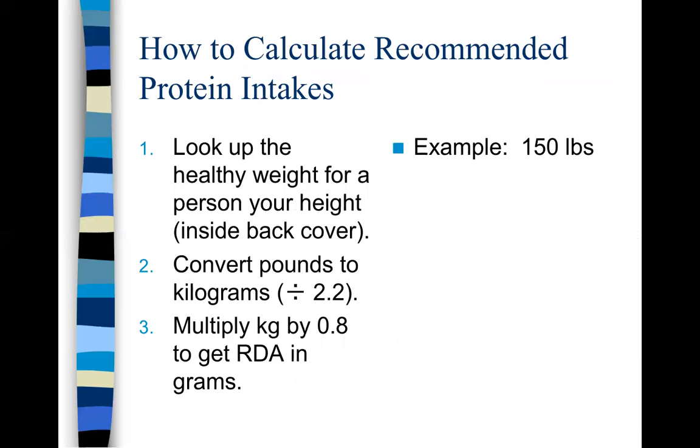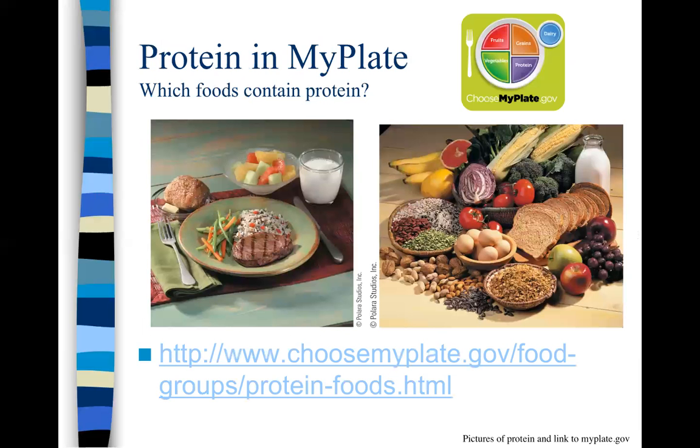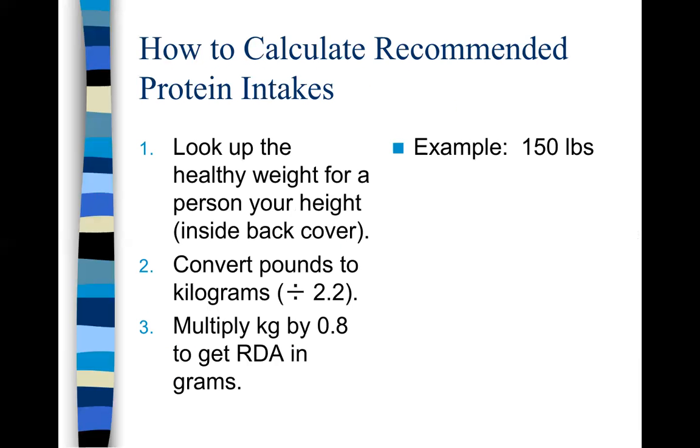How to calculate recommended protein intakes. So you would start with a weight. In this particular example, I have 150 pounds. You don't have to look up a healthy weight for a person your height. You can look up your own weight, so you can know your own weight. So you're going to take your weight and then convert pounds to kilograms.